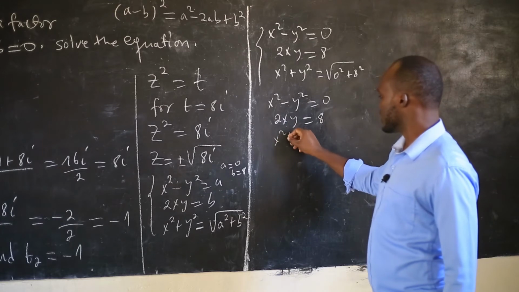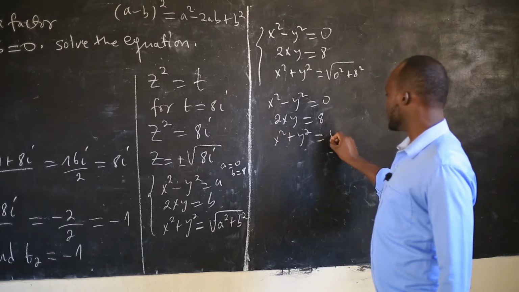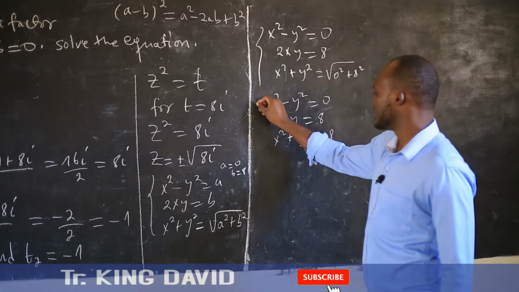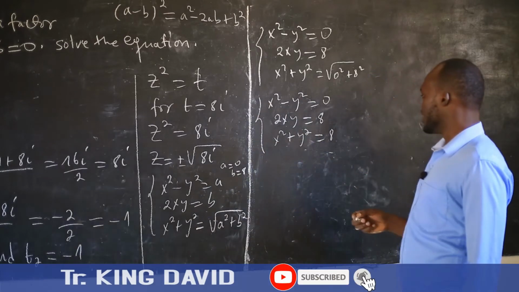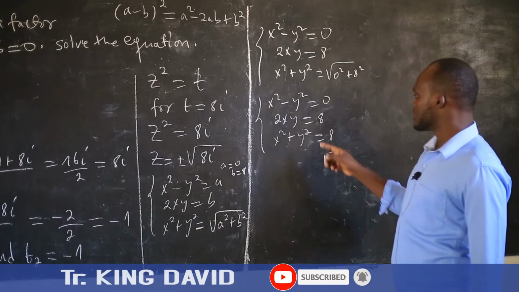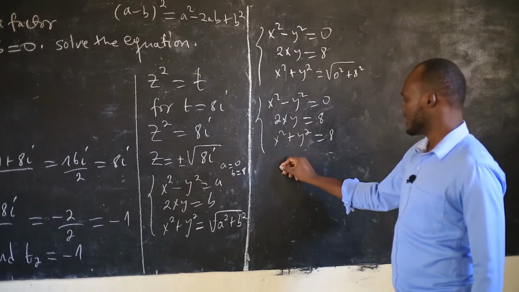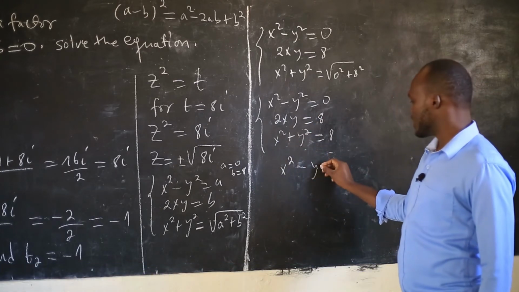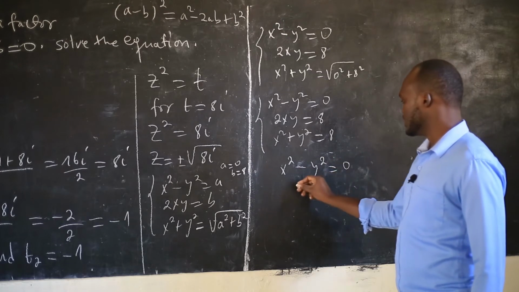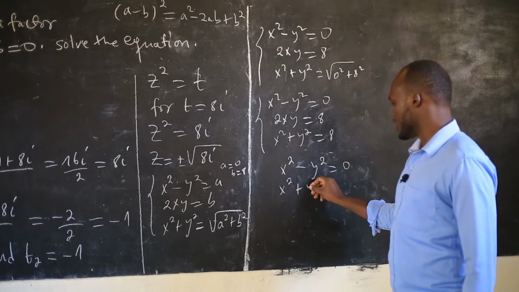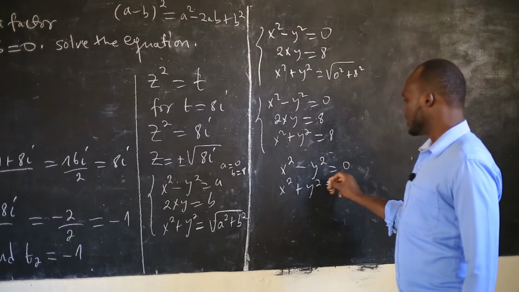X squared plus y squared will be equal to 8 because 8 squared then square root, the answer is 8. So we're going to use equation 1 and equation 3. X squared minus y squared equal to 0. Then x squared plus y squared equal to 8.